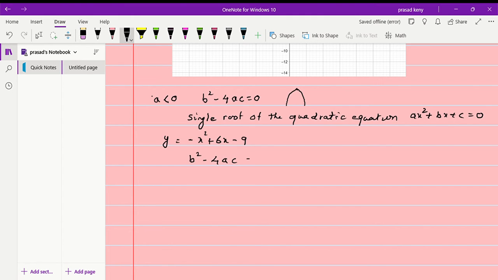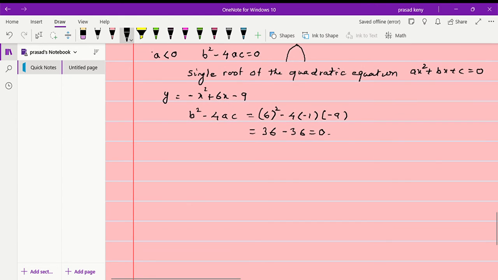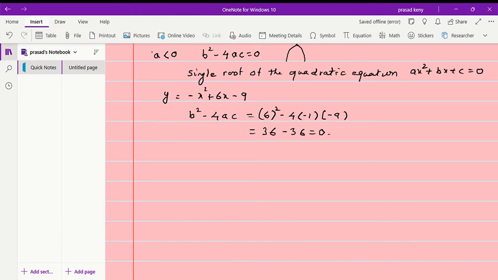Now here b is 6, so 6 square minus 4, a is negative 1, x square coefficient, and c constant is negative 9. So that is 36 minus 36 is equal to 0. So there is a single root of this quadratic. So the graph will open downwards and touch the x-axis in a single point.